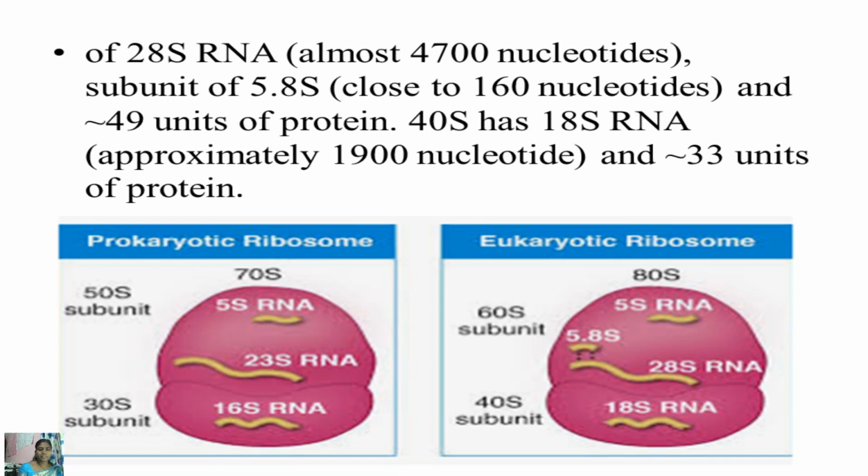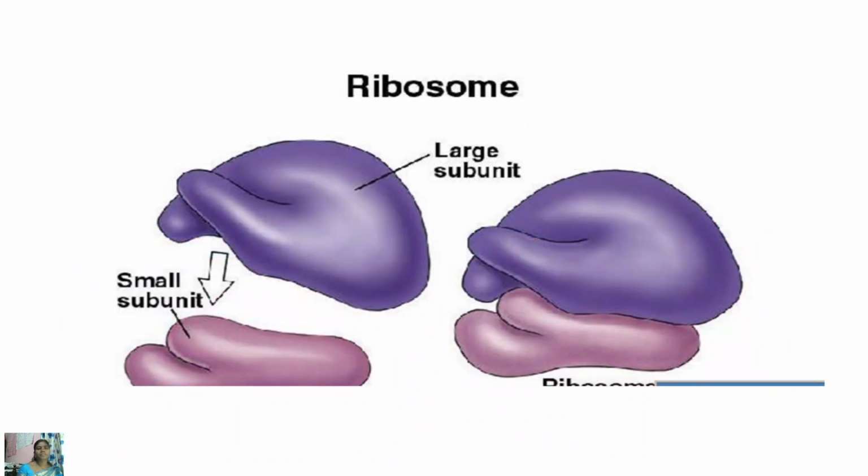You can see 5S RNA, 23S RNA and 16S RNA in the prokaryotic ribosome, and in the eukaryotic ribosome 5S RNA, 5.8S, 28S and 18S RNA. These RNAs have a role in the attachment of tRNA and mRNA during the process of protein synthesis.